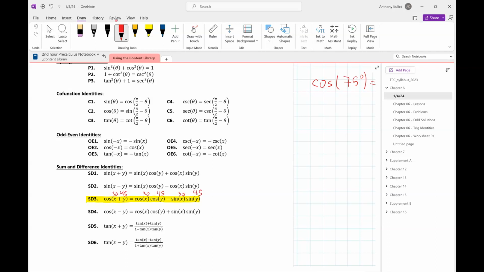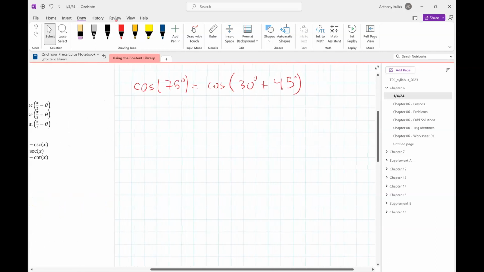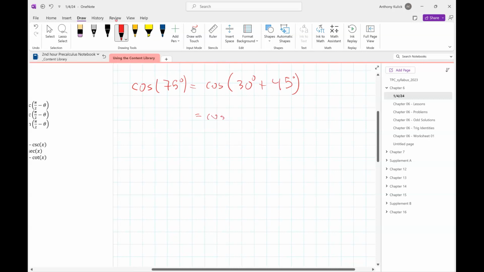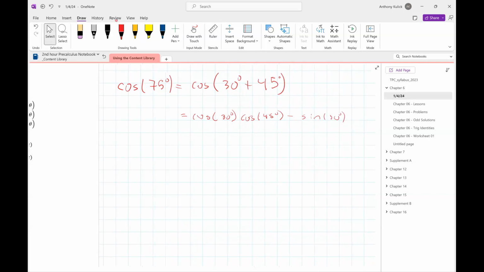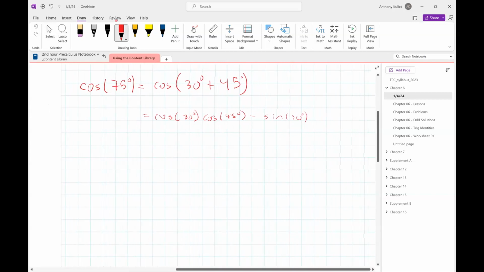Is everybody so far so good? So we have cosine of 30 times cosine 45 minus sine 30 times sine 45. So far, so good.